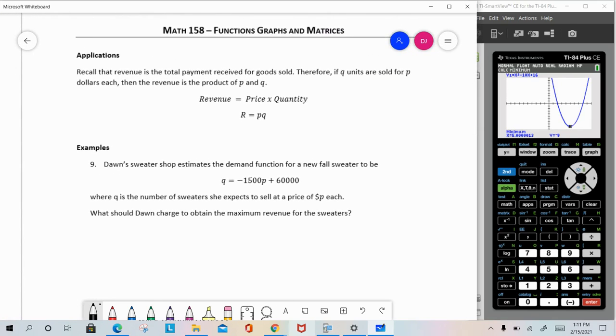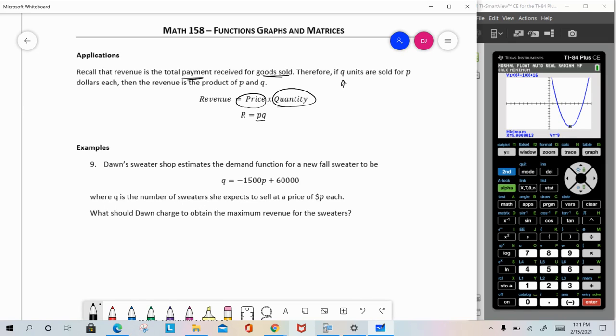So here's some applications, okay? And I like these, wink, wink. Recall that revenue, we've talked about revenue before, is the total payment received for goods sold. We use Q to represent the quantity of units sold, and P to represent the price of those units sold.